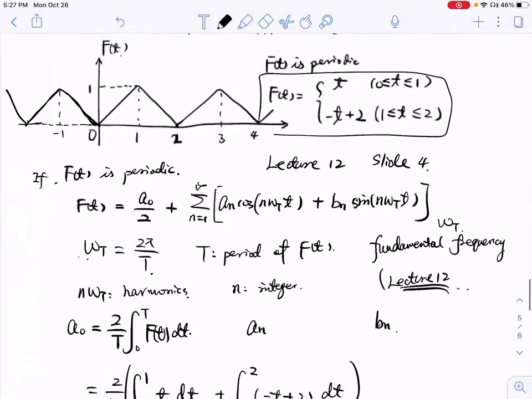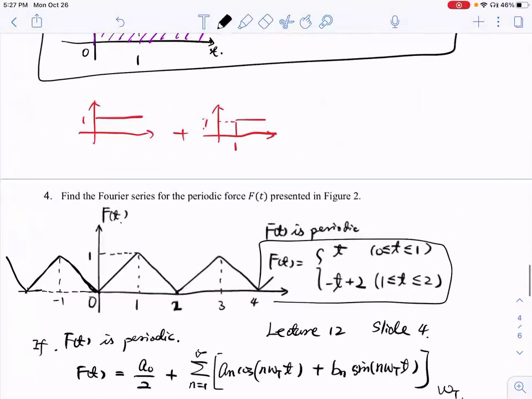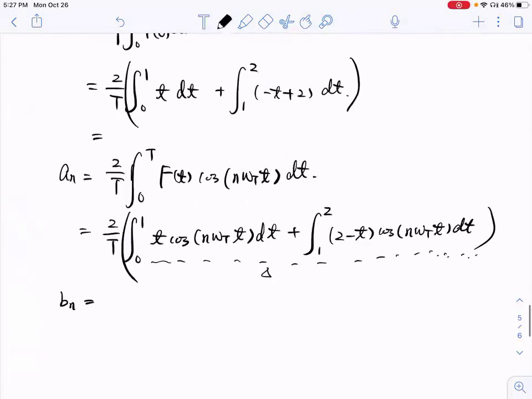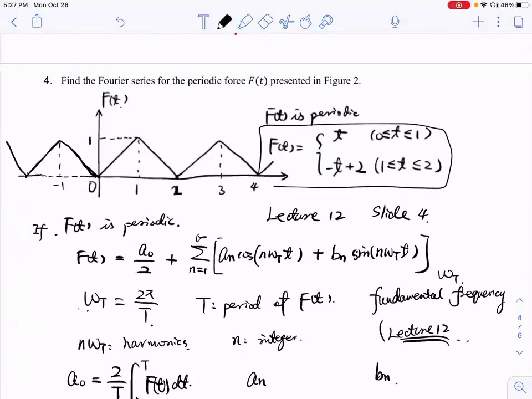All right. The other property I mentioned is if you have an even function, that means your function is symmetric with respect to the y-axis. That means all your Bn should be 0. If it's an odd function, that means if you rotate your function around the origin by 180 degrees, you get a perfect overlap.